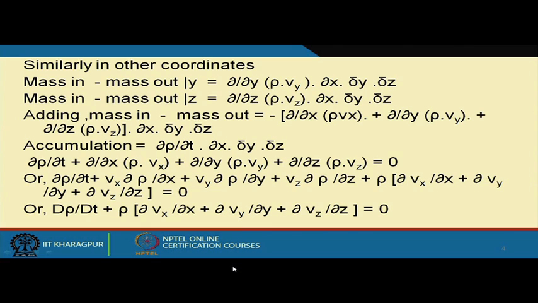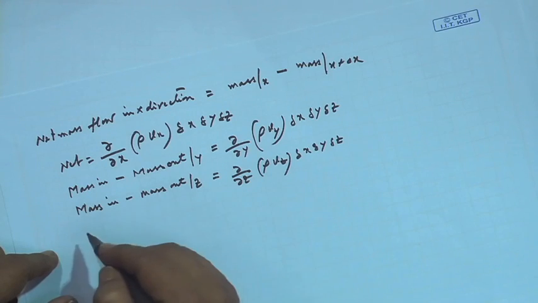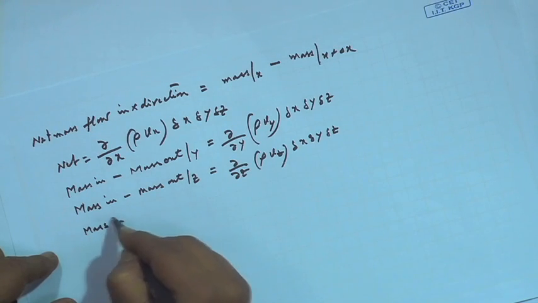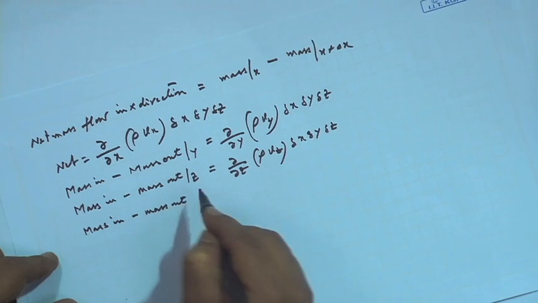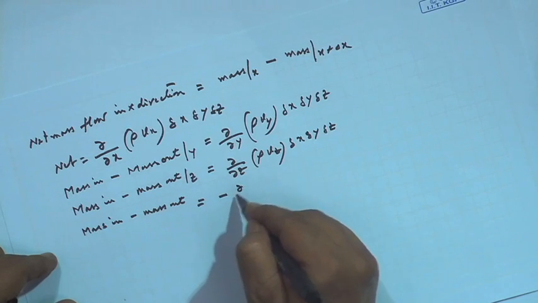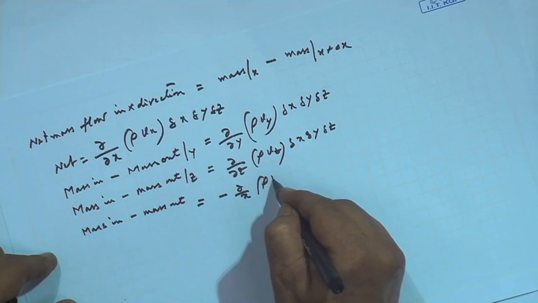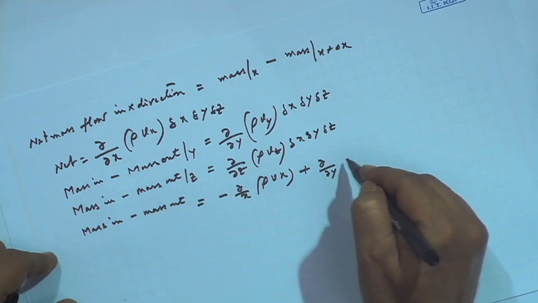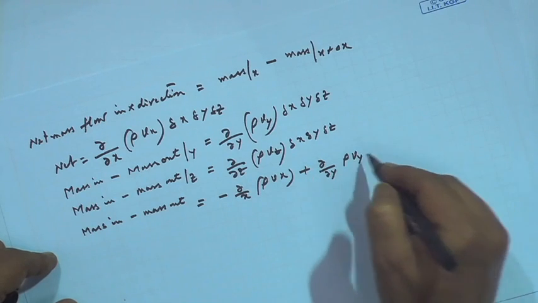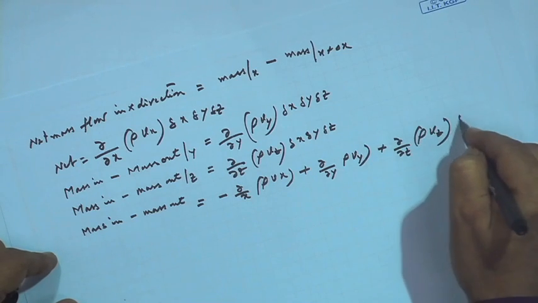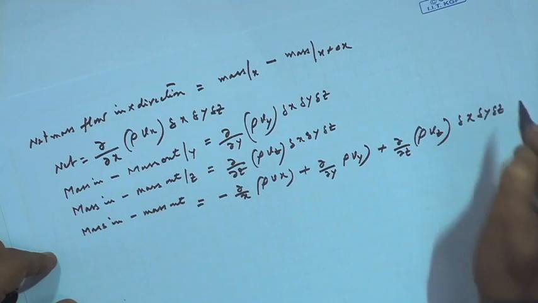So, adding all these three, we can say that mass in minus mass out in all the three directions can be written as minus of del del x of rho Vx plus del del y of rho Vy plus del del z of rho Vz, into the volume del x del y del z, right.